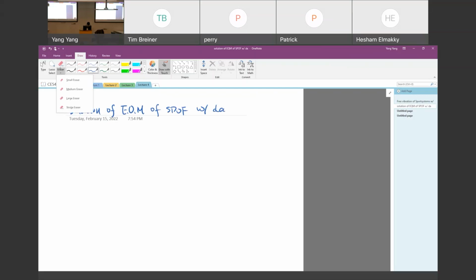First, let's look at the underdamped case. Underdamped single degree of freedom system.